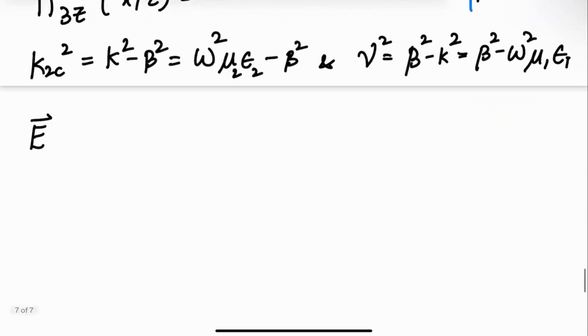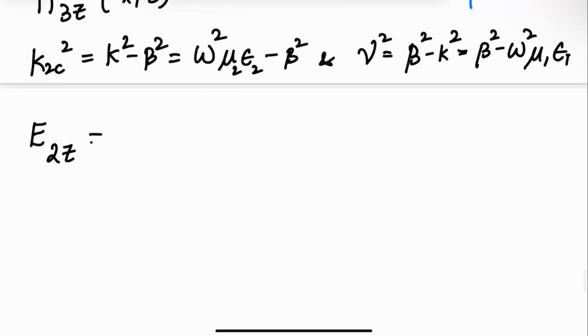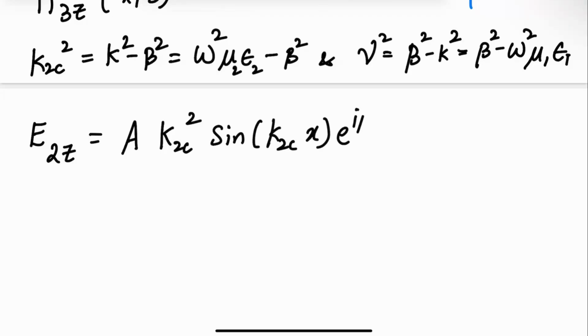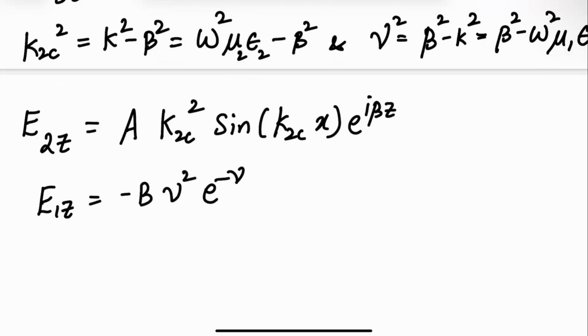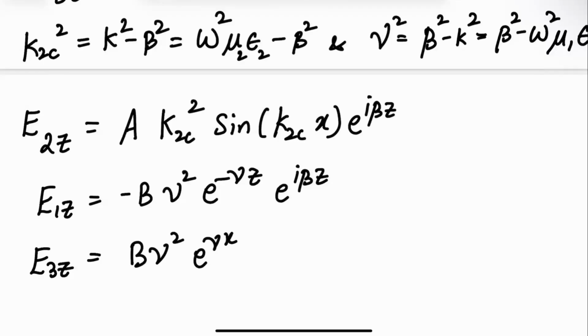So given that I know what pi is, now I can find the electric and magnetic fields. So I'll write them down component wise, and I'll only write the z component, which we'll see in a second. E2z is A k2c squared sine k2c x e to the I beta z. E1z is minus b nu squared e to the minus nu x e to the I beta z. E3z is equal to b nu squared e to the nu x e to the I beta z.